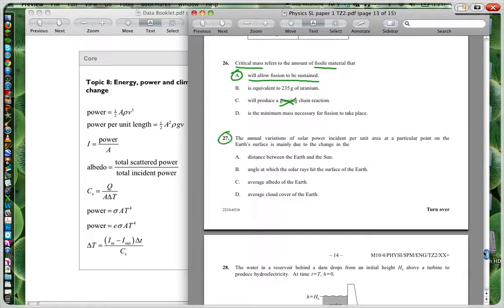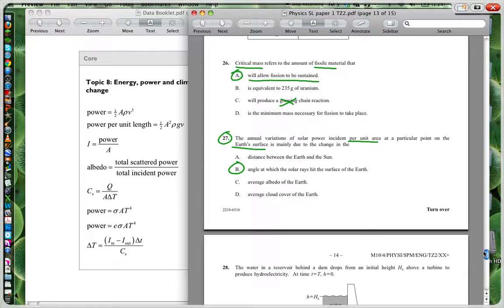27. The annual variations of solar power incident per unit area at a particular point on the Earth's surface is mainly due to the change in the tilt of the Earth.